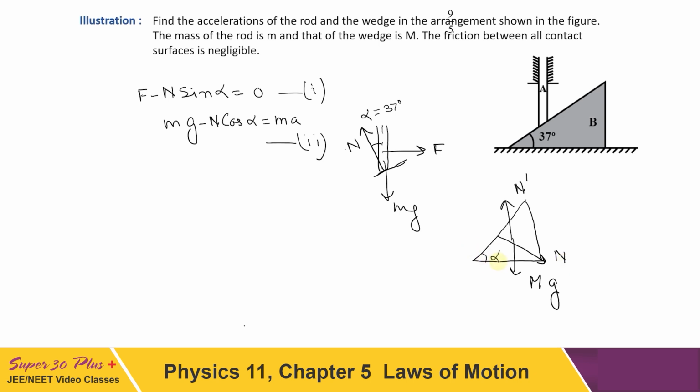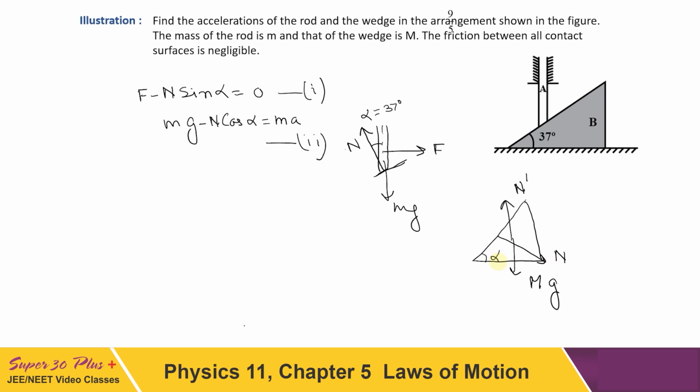Now if I write F = ma for the wedge, it is constrained to move only in the horizontal direction. So in the vertical direction we should write the net force to be 0.